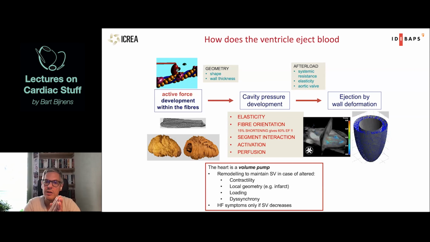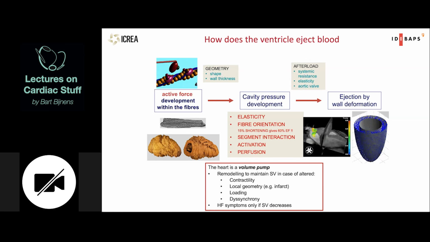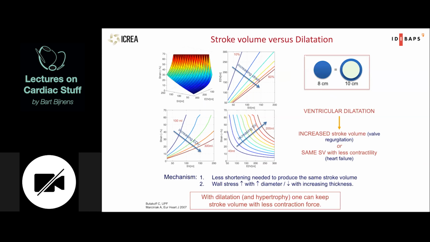But also, if you would have problems with leaking valves or with shunts or something like that, you will also have volume changes. These volume changes somehow have to be compensated in order to keep the cardiac output that goes to the periphery, to the body, regular.